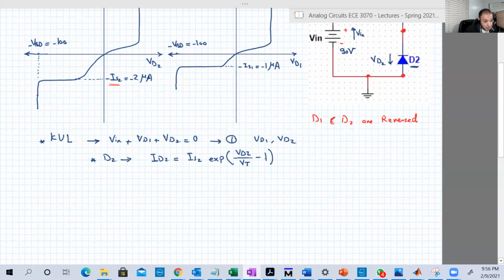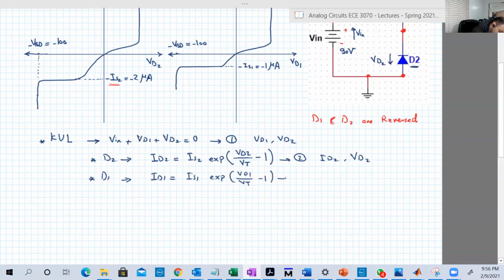This is another equation, but we have another unknown now, ID2. So this is ID2 and VD2, and we now have three unknowns. From D1, ID1 equals IS1 times exponential of VD1 over VT, minus 1. This is number 3, and we have another unknown now, ID1.